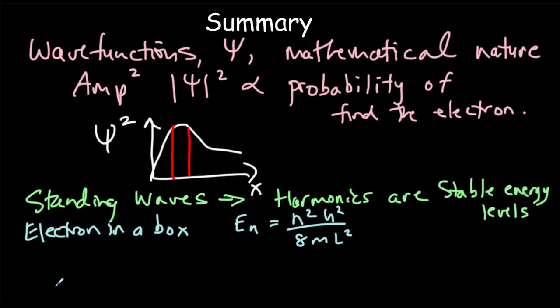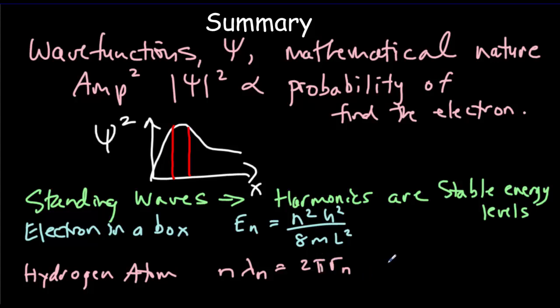And then we got back to the real question of the video, which is why did we get stable energy levels in a hydrogen atom? So we wanted to look at a hydrogen atom. We considered the boundary conditions and the standing wave, and we realized that in order to satisfy that boundary condition, we had to have an integer number of wavelengths around the classical circumference of the orbit.